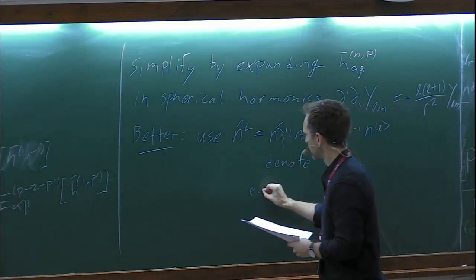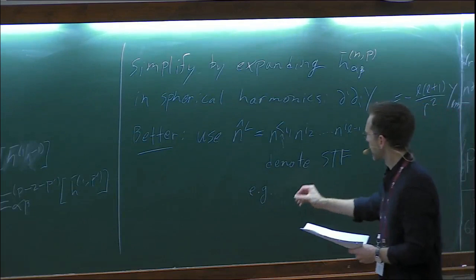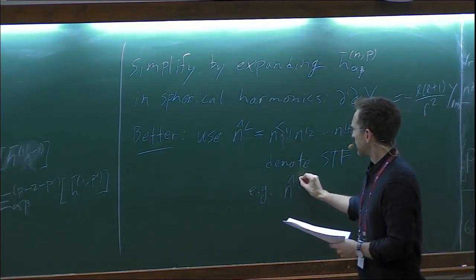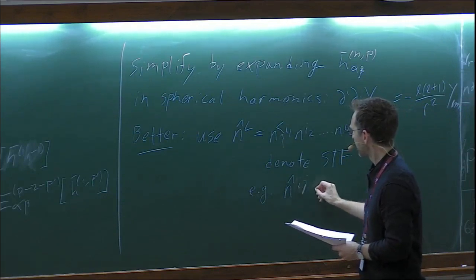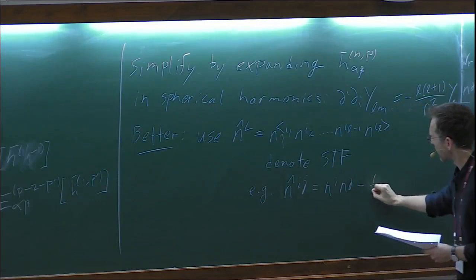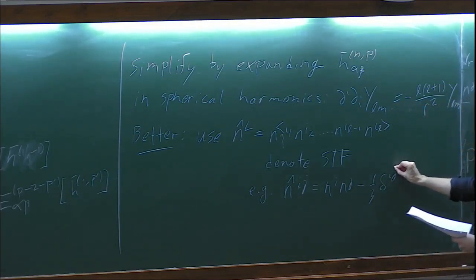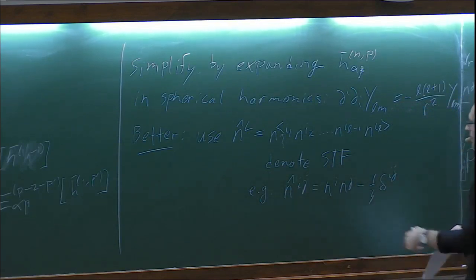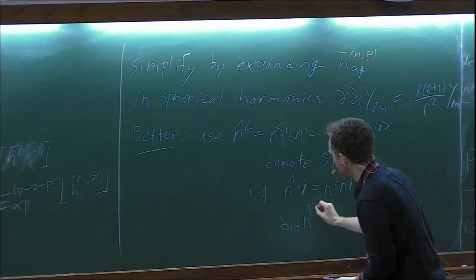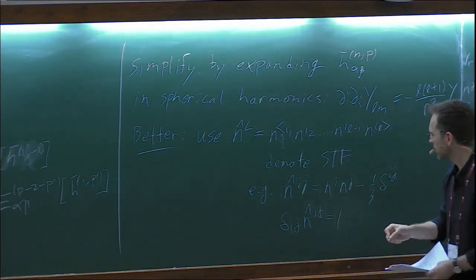So I went through this in the tutorial yesterday, but for those who missed it, just as an example, n hat ij is n_i n_j minus a third delta ij. And so when you take a trace of this, you get 0, because this is a unit vector, so this gives you 1.